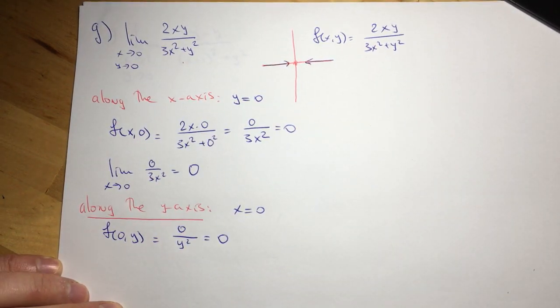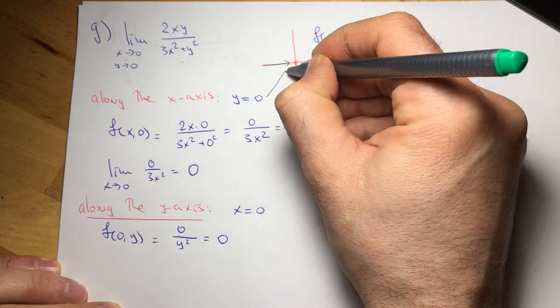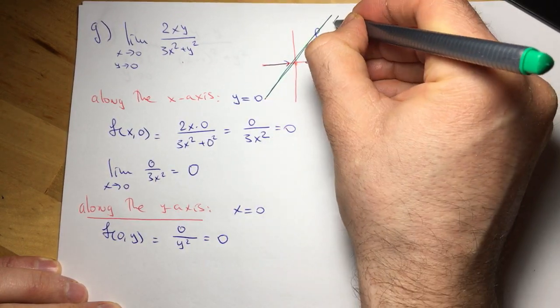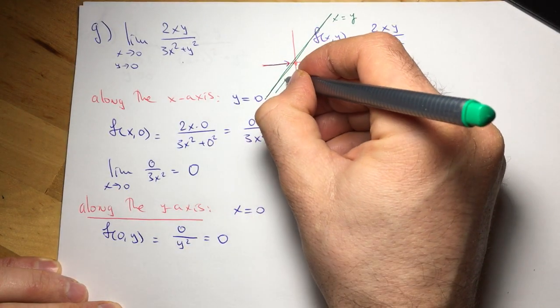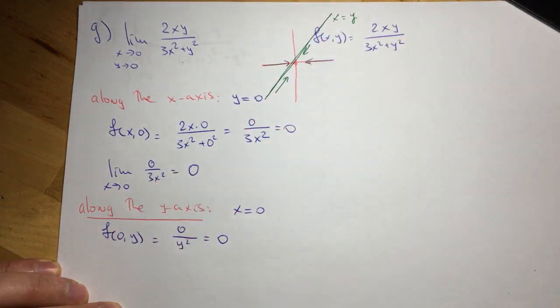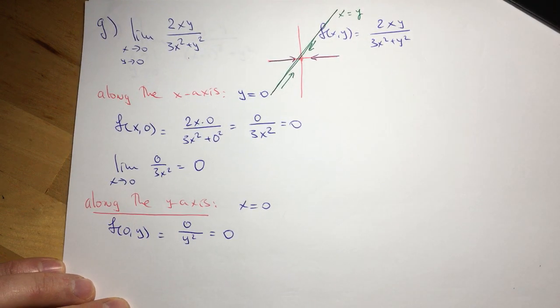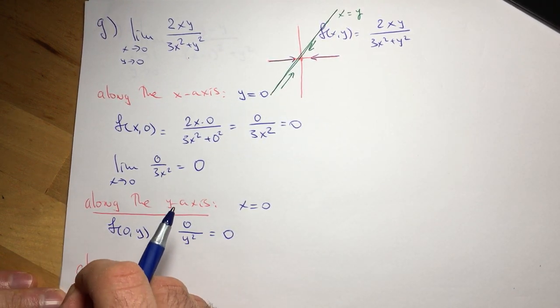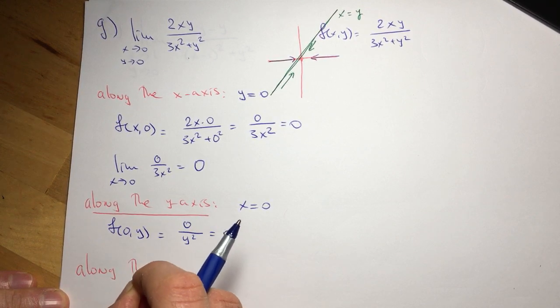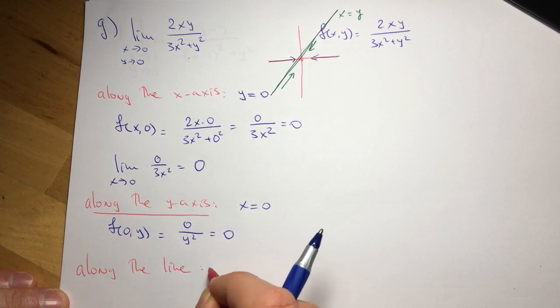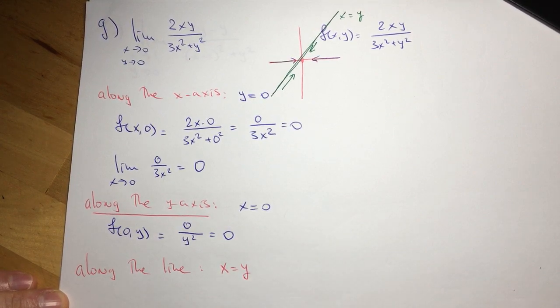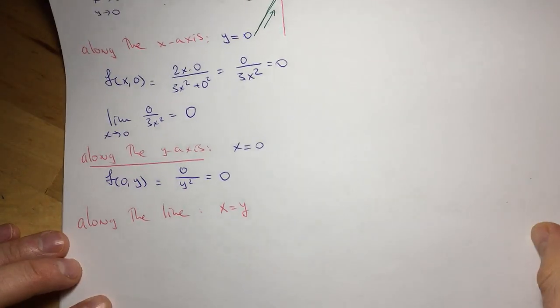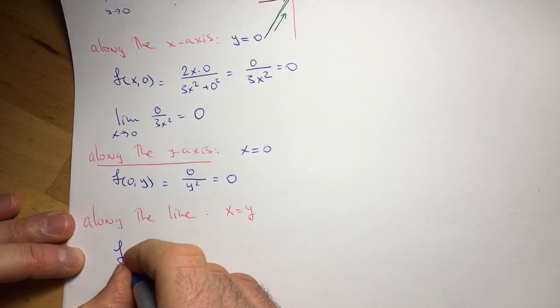What if we approach along the line x is equal to y? I can approach the origin along this line right here. Well, let's see what is going to happen along the line x is equal to y. In that case, our function can be written as f of x.